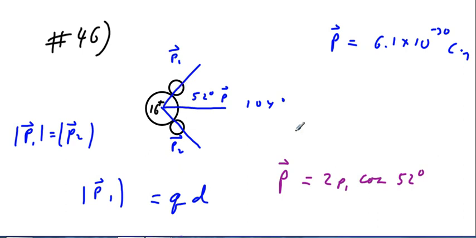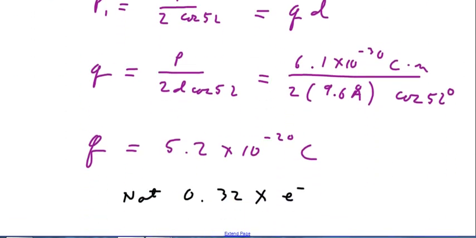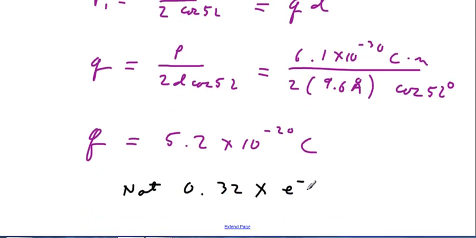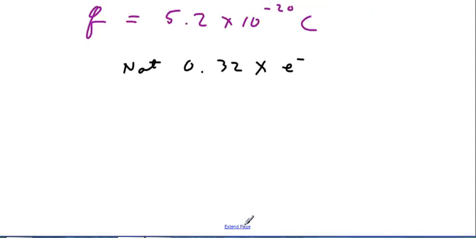But anyway, the effective charge of the hydrogen atom in the water molecule turns out to be 0.32 times the charge of an electron. Okay, now we're going to consider the B part. Determine the electric potential far from the molecule due to the dipole thing shown. Okay.